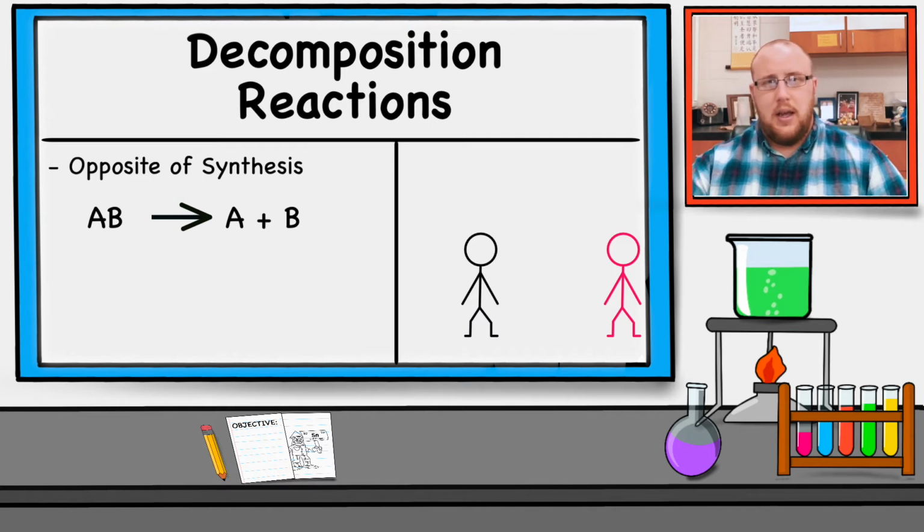This means that I had a singular compound on my reactant side, and it was broken down into its individual elements on my product side. So synthesis: 2 individual elements come together to form a compound. Decomposition: a compound breaks apart to form individual elements or components.